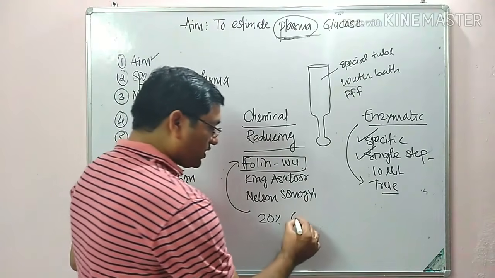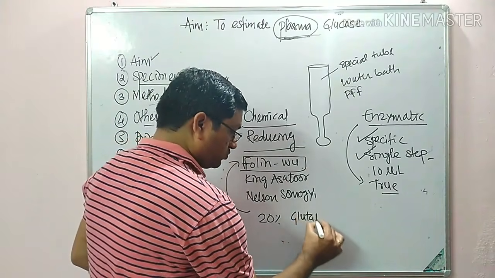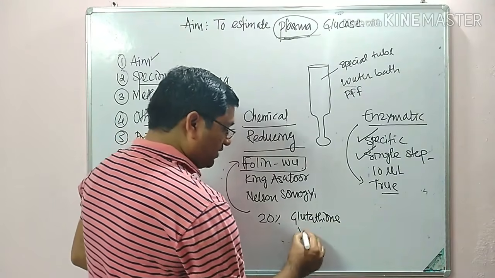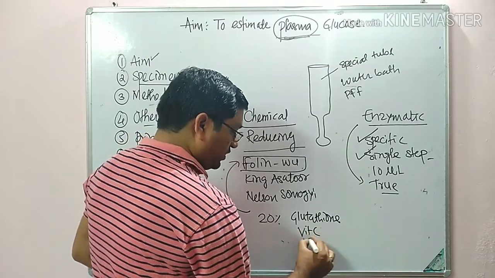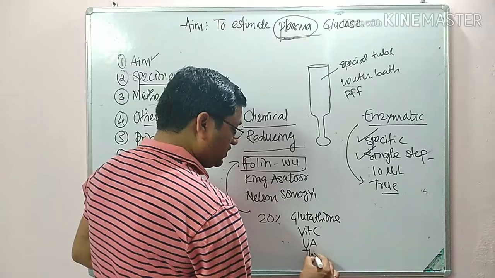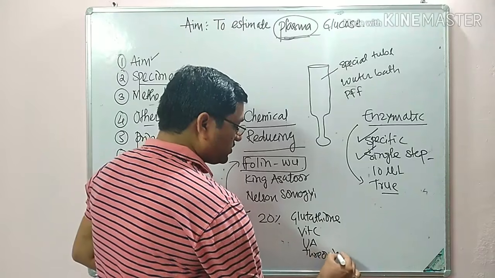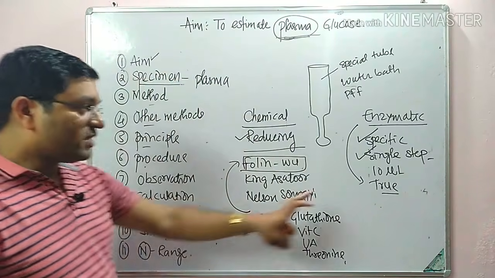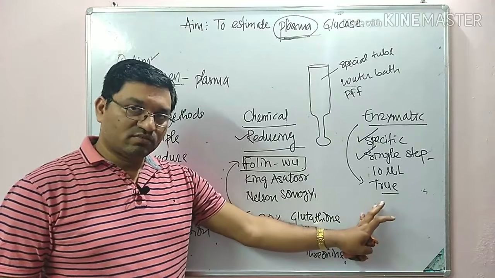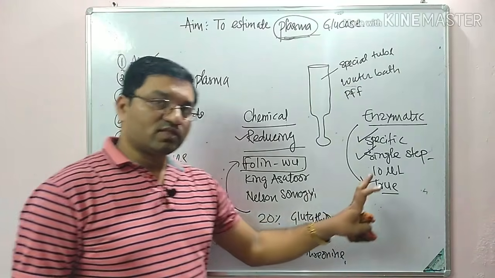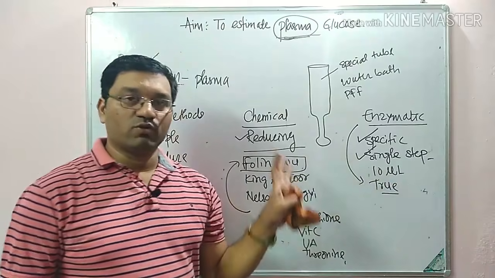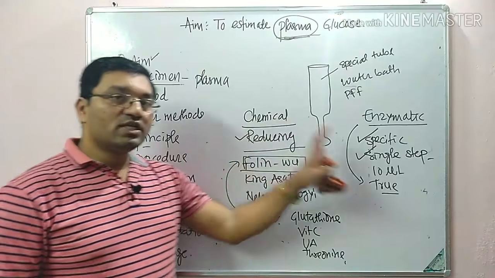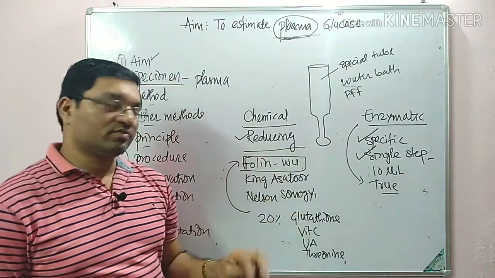For example, glutathione, vitamin C, uric acid, threonine. These are the substances which give this test positive. So enzymatic procedures are best because enzymes are substrate specific and they give the true value. These are the two main reasons that chemical methods are largely replaced by the enzymatic methods.